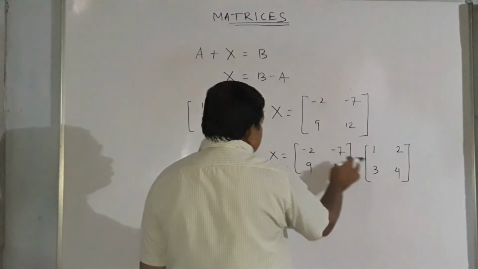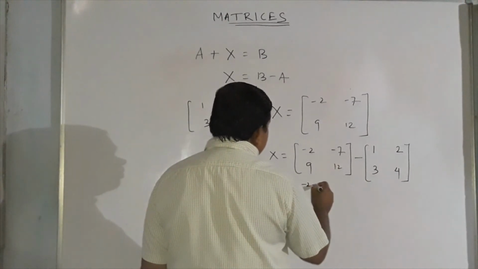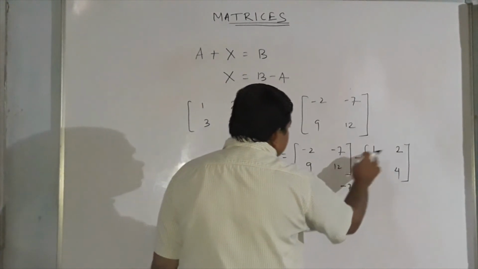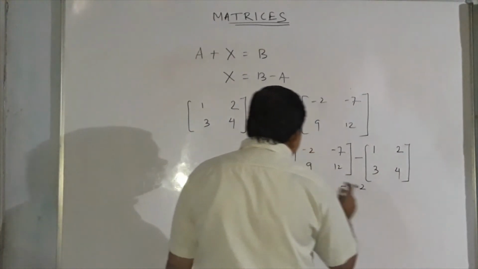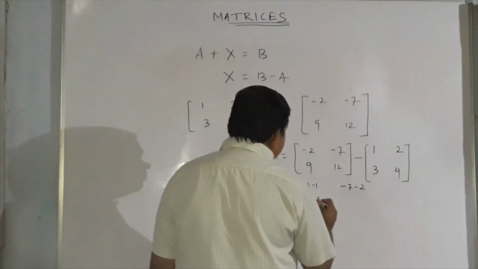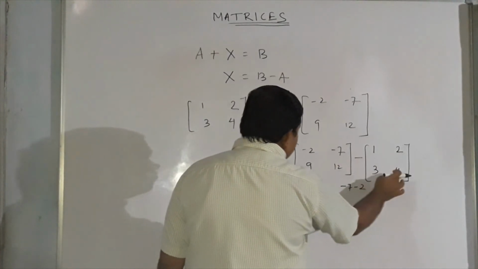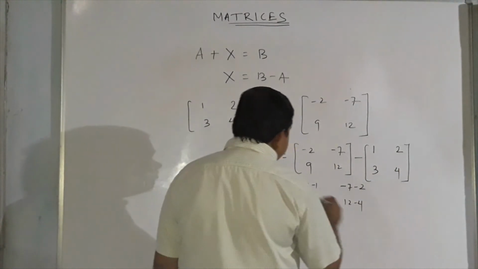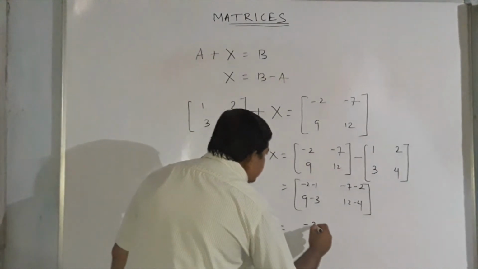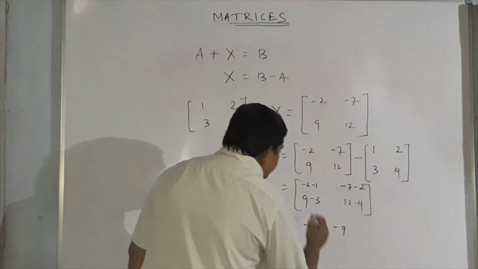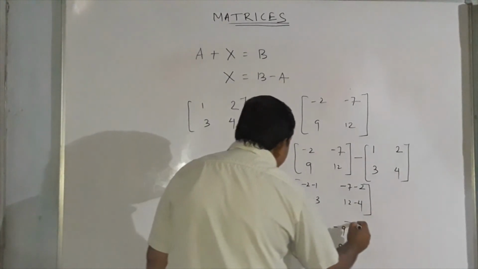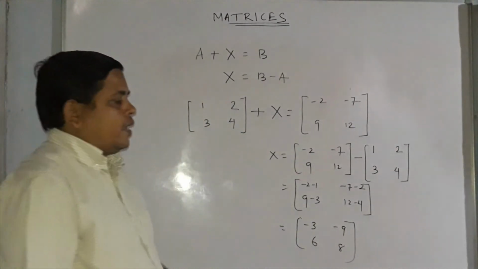Now write minus 2 minus 1, here minus 7 minus 2, here 9 minus 3, here 12 minus 4, at their respective places. Now here is minus 3, minus 9, 9 minus 3 is 6, 12 minus 4 is 8. I hope you understand. So this is the value of X you got.